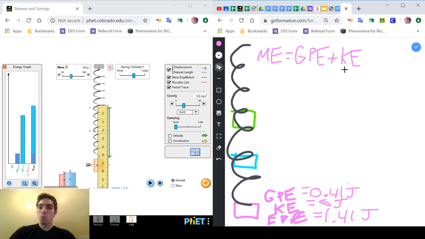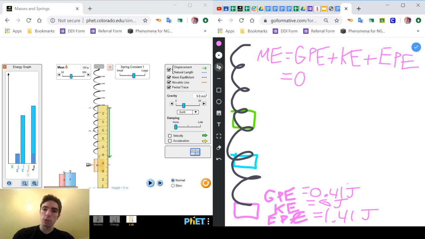But our one addition to this equation is that now, since we have a system with a spring in it, we're going to include elastic potential energy within this equation. To calculate that mechanical energy for this bottom point in the oscillation, or when it's returned down to that point, we're just going to add up those 3 different types of energy.